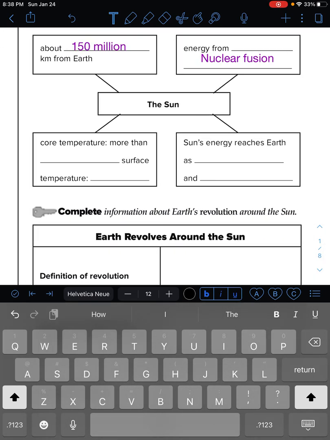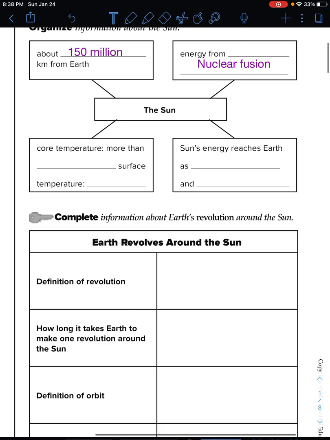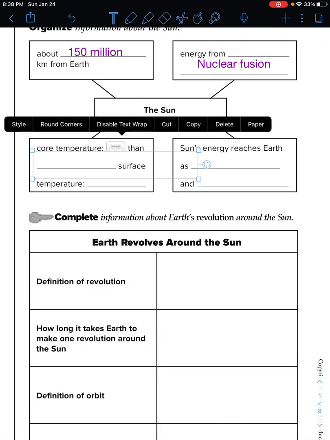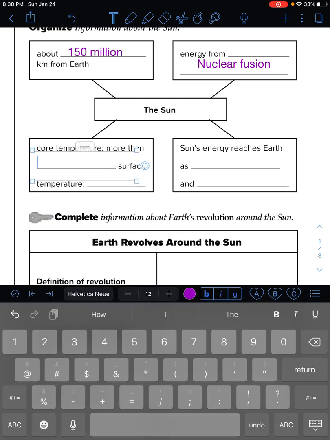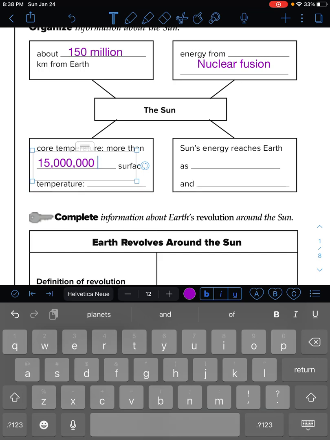So the core temperature, it is more than, let's bring that over. It's more than 15 million. That's a lot of zeros. 15 million degrees Celsius.